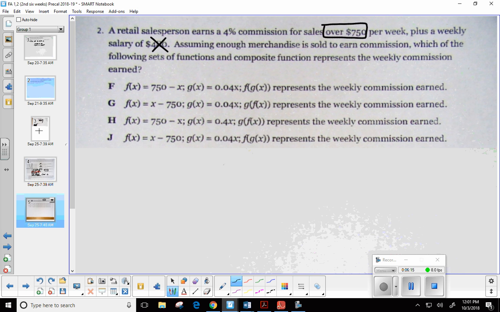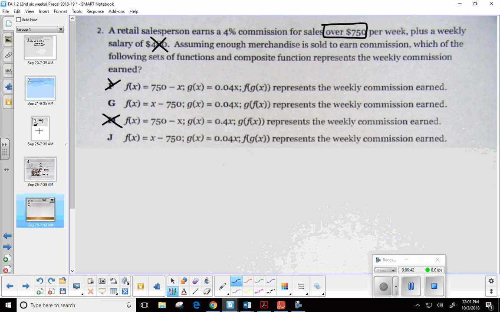So the two answers, F and H, where they have 750 minus X, those are out. And also think, what's 4% as a decimal? 0.04, right? You move it 2 spaces to the left. That would also have told us to get rid of H, because that means they'd be earning 40% on that particular value, but we'd already gotten rid of it. So it's either G or J.